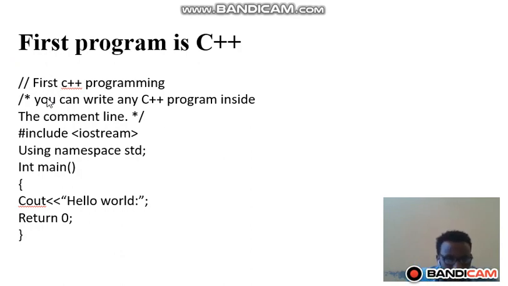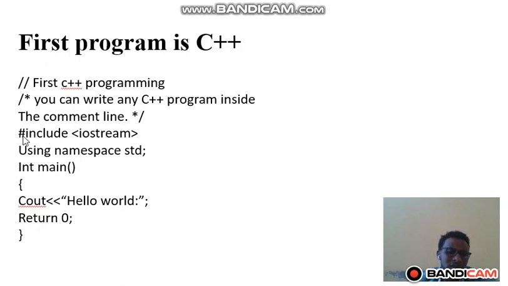If your comment completes within a single line, you can use the single-line comment, which is represented by double slashes. If your comment is more than one line, you can use multi-line comments, which are represented by these two symbols.